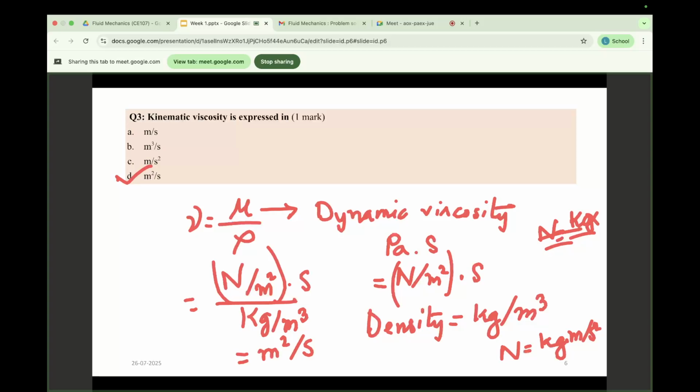If the kinematic viscosity is given, you can easily find the dynamic viscosity. You just have to multiply the kinematic viscosity by density. The question can be framed that way also: you are given the kinematic viscosity and density and asked to find the dynamic viscosity. So option D is the correct answer.